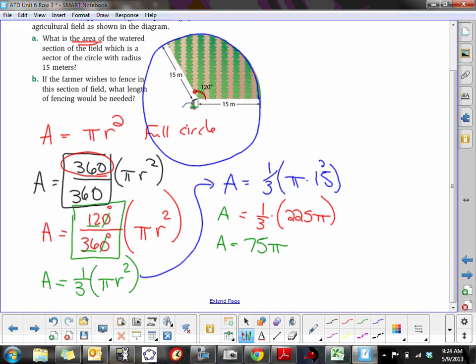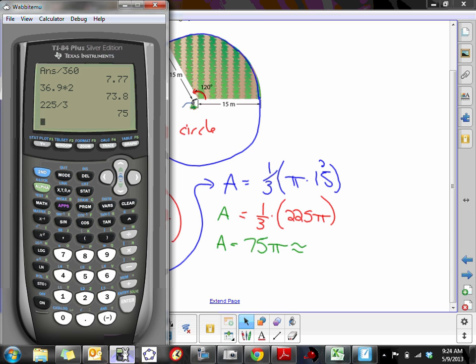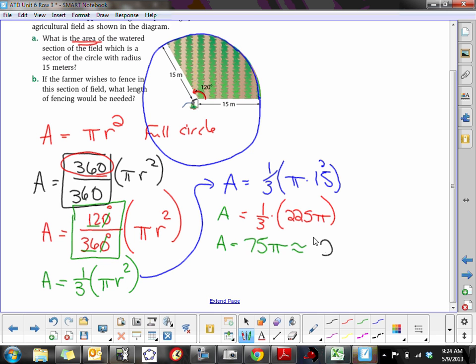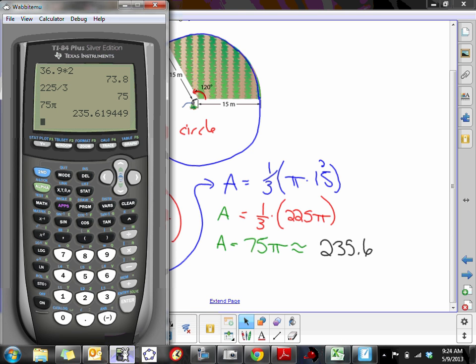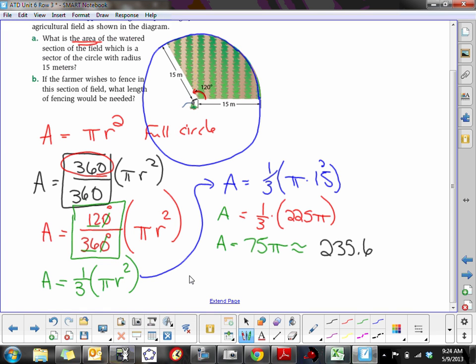If you want an approximate value, you take your 75 times the pi symbol, and you can get your most accurate answer, which would be 235.6 to the nearest tenth. I'm going to double check that, 235.6. And since this is area, it is square meters. So that is part A.